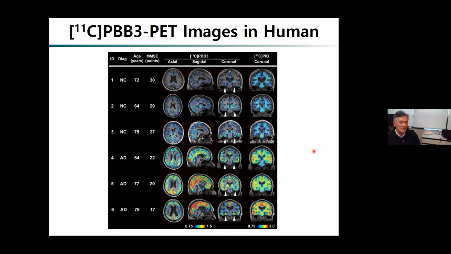This was firstly developed by NIRS in Japan. They developed the PBB3 labeled with the C11 compound that can statistically visualize the abnormal tau in the human brain.